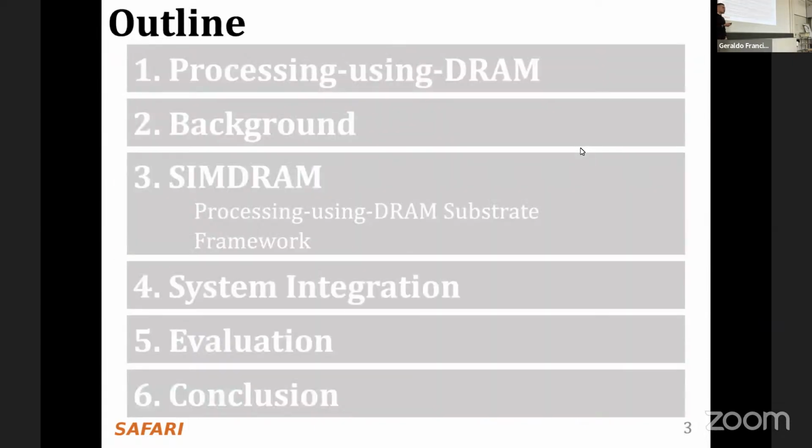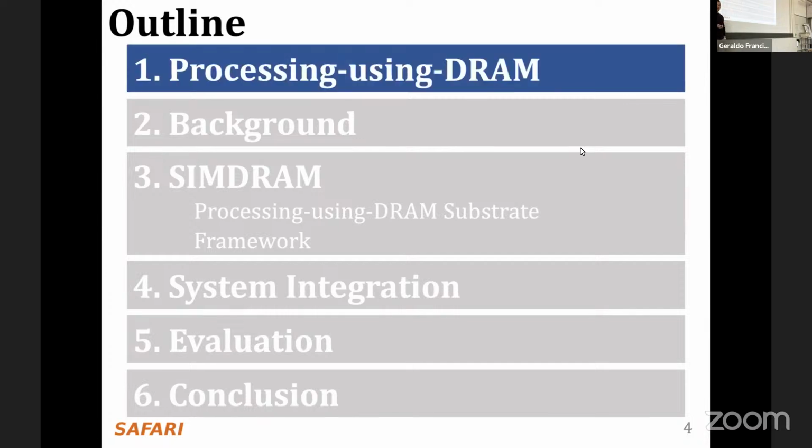This is the outline for this talk. First I'm going to briefly talk about processing-using-DRAM architectures, then give a brief background on DRAM operations and processing-using-DRAM operations. Then I'll introduce the SimDRAM framework, talk about our system integration, briefly talk about our evaluation, and finally conclude.